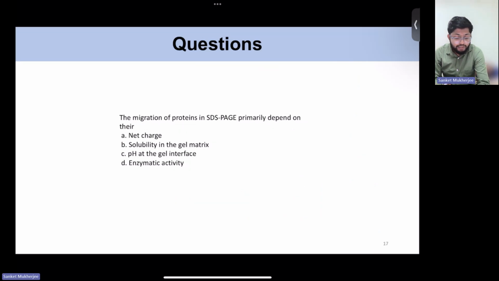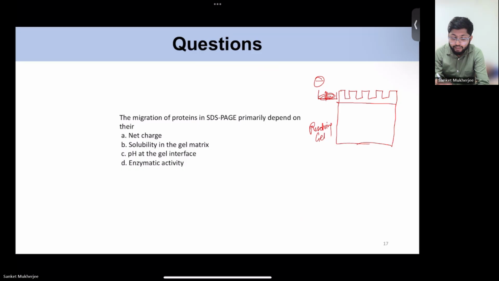The migration of protein in SDS-PAGE primarily depends upon the net charge, solubility in the gel matrix, pH at the gel interface, or the enzymatic activity. So again, negatively charged, and then we have something like this. These are wells. There is a resolving gel and a stacking gel.